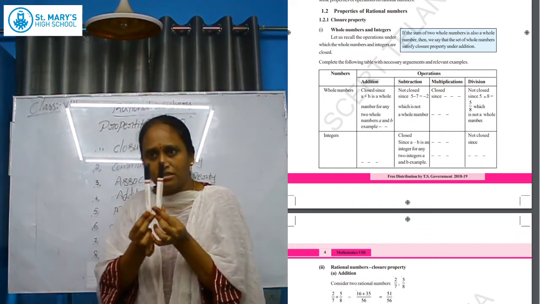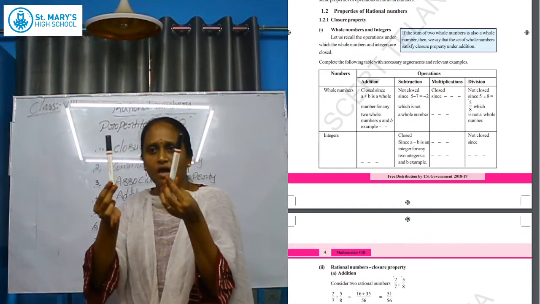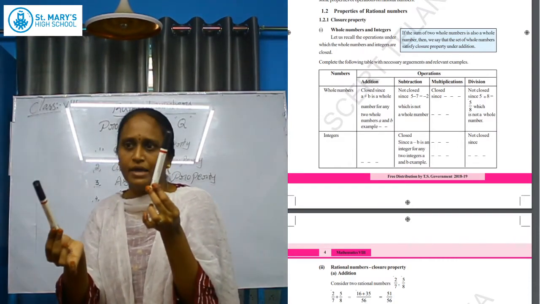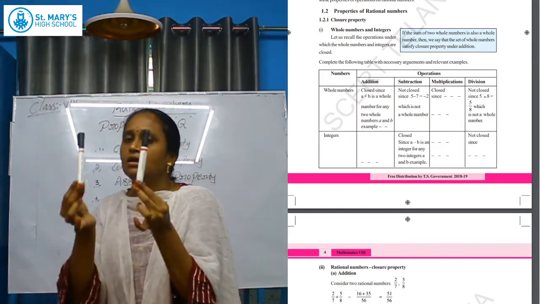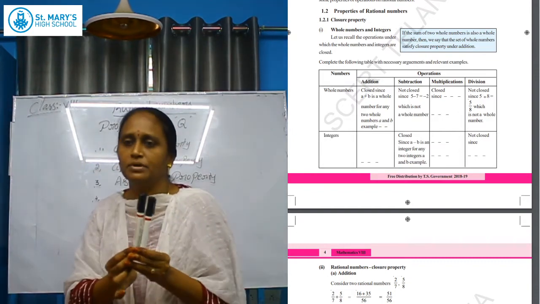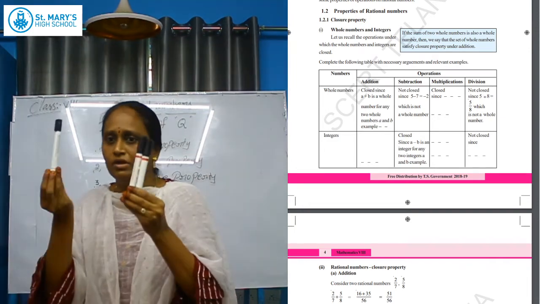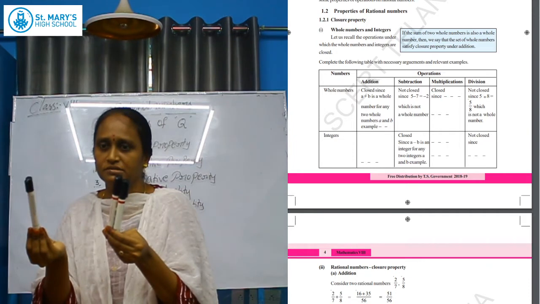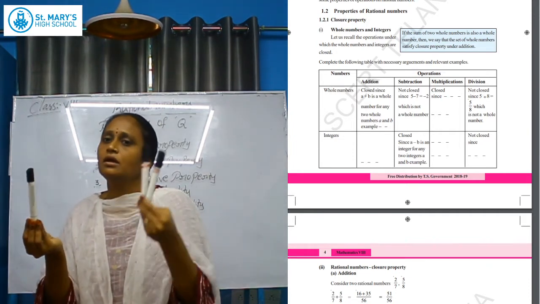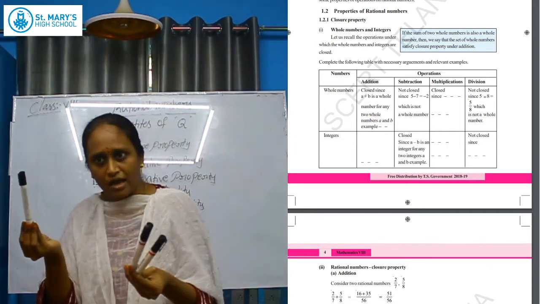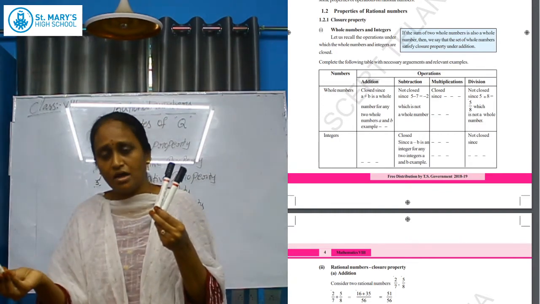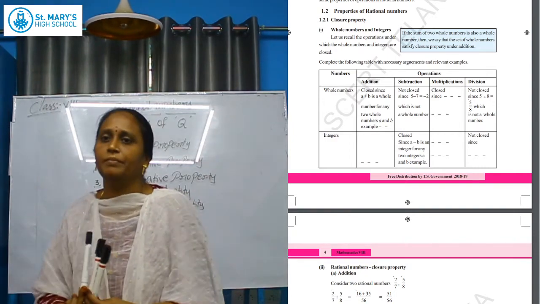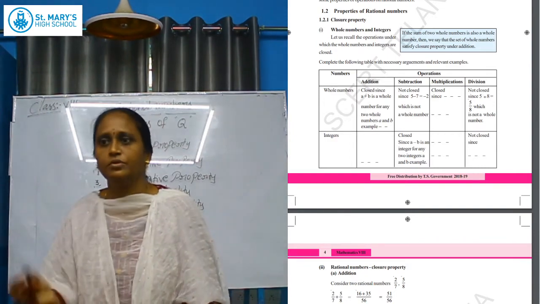When we add these 2 rational numbers, maybe 2 by 3 and 4 by 3, what will we get? The sum is also a rational number. So, whenever we add rational numbers, the sum is also a rational number. That means here we apply the closure property. The closure property is possible under addition.